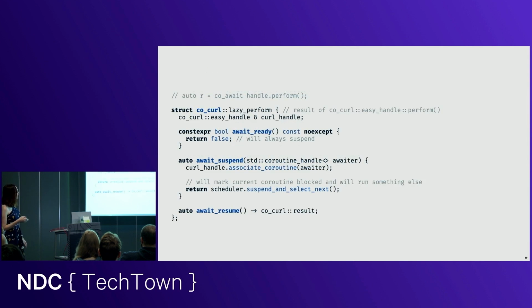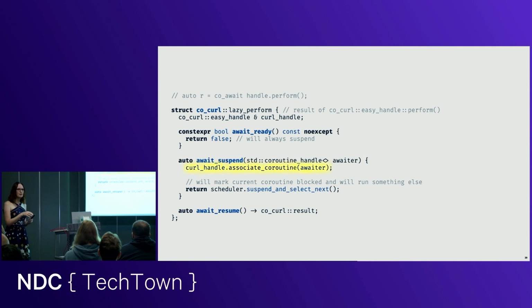So when you call perform on the handle for the co_curl easy handle, it will give you a lazy perform type, which is just awaitable with a reference to the easy handle, and it will never be ready because you need to actually do some IO. And then when you suspend, you will associate the handle with the current coroutine.